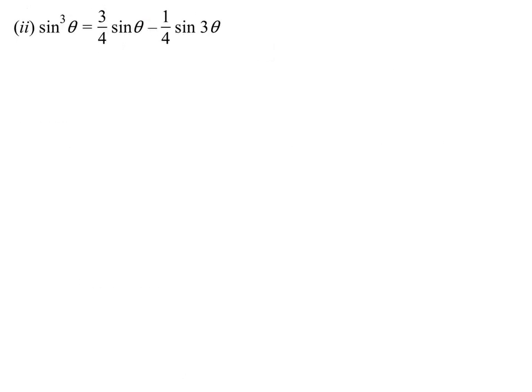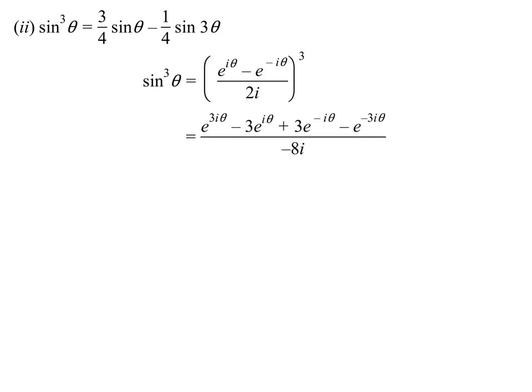How about this one? We saw this the other day. We ended up with sine cubed, or was it cos cubed we did? But anyway, we saw something like this. Sine cubed theta was equal to 3/4 sine theta minus 1/4 sine 3 theta. Alright, well sine cubed theta, if I substitute in that relationship for sine, expand it out, it's a cubic. Let's play around with this.